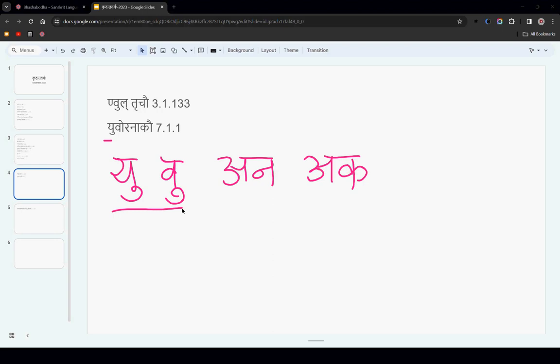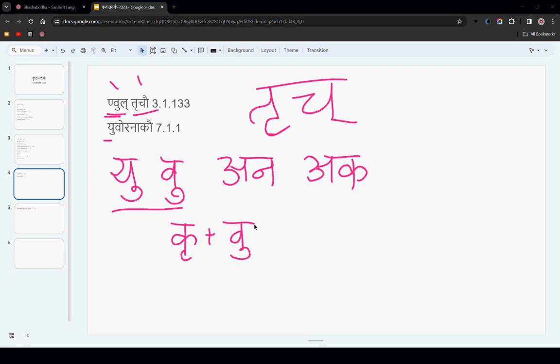Again, making it more generic, Nvul Trichau is one sutra used, specifying that Nvul, and there is another, Trich, also used, which we will see after looking at the Nvul pratyaya. So first we are looking at the Nvul pratyaya. In the case of Nvul, when you add Nvul to Kru, only Vu is remaining now.